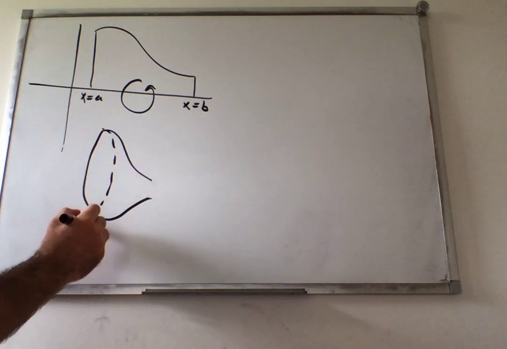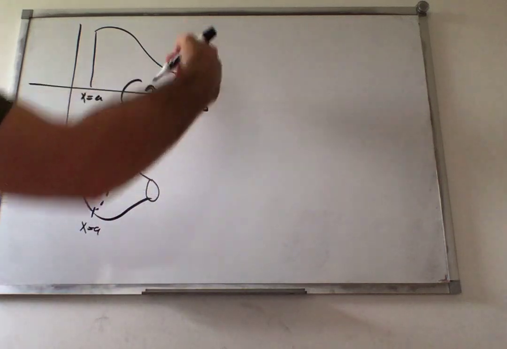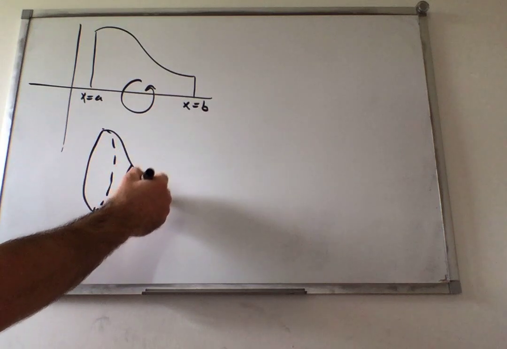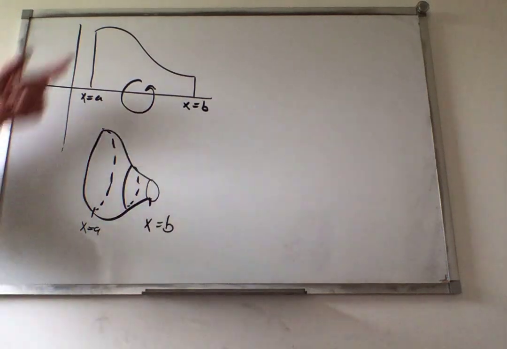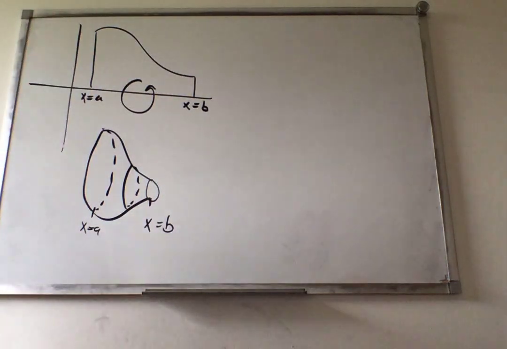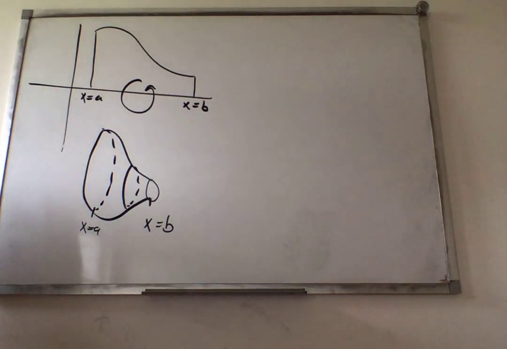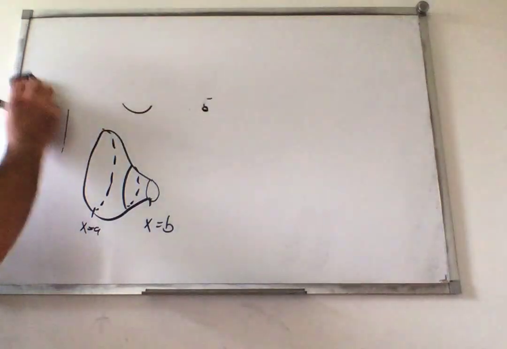So right here would be x equals a, and over here would be another circle if I wrap it around like that. So this whole piece is circular, and over here would be x equals b. So we're just revolving it. If you're looking at my lecture notes, you can see what's going to happen when we revolve it.